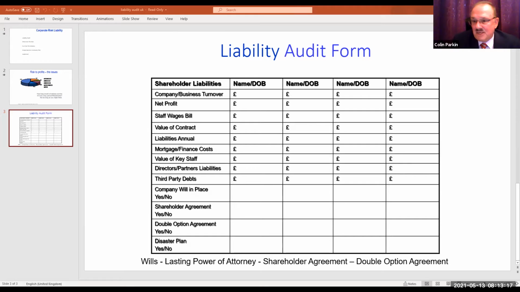Do you have an exit plan? And if you do, what is it? And what are the tax implications of this? Now, these are the four main questions I use with firms, and it gets an awful lot of information out.